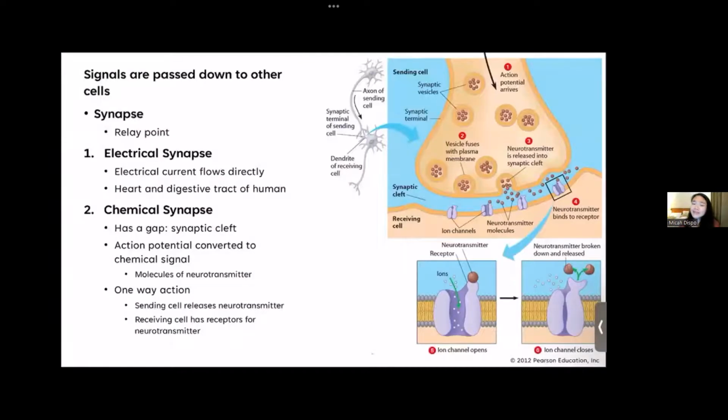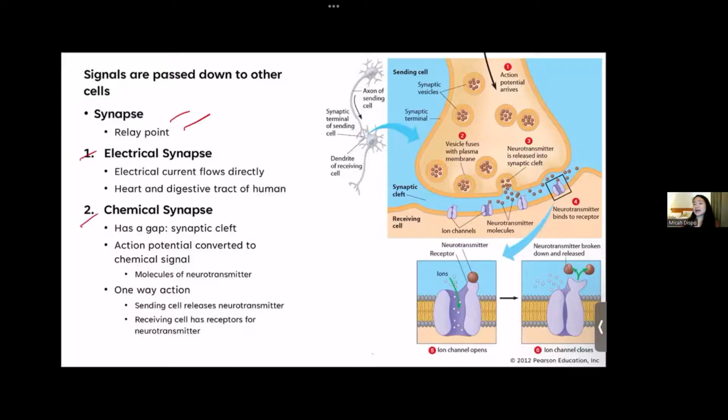So now what happens when the signals reach the end of the axon? So these are now passed to the next cell or the receiver cell, and this happens at the synapse or relay point. So the next cell or the receiving cell can either be another neuron or an effector cell. So these effector cells can either be your muscles or your glands. All right? And synapses can either be electrical or chemical.